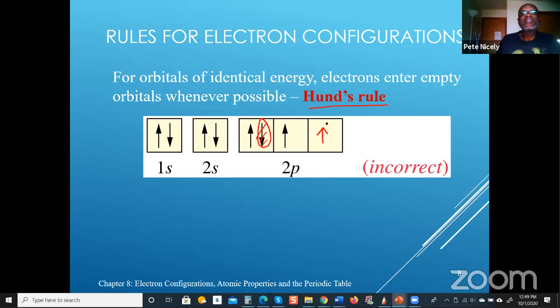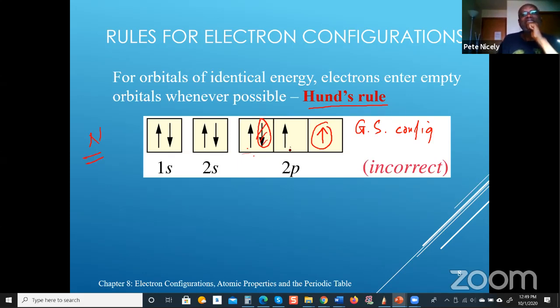And not only that, this electron must be spinning in the same direction as the other 2 electrons in the same sublevel. So this would be the ground state configuration for this particular atom, which is what? 1, 2, 3, 4, 5, 6, 7. That's nitrogen, right? So this would be the ground state configuration for nitrogen, all right?